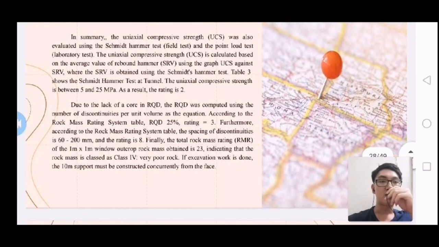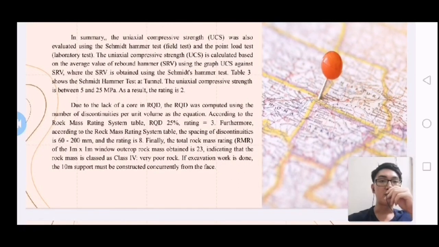And finally, the total RMR of the 1 square meter window of the rock mass obtained is 23, and it indicates that the rock mass is classified as class 5, which is very poor rock, and if the excavation work is done, the 10-meter support must be constructed concurrently from the base.